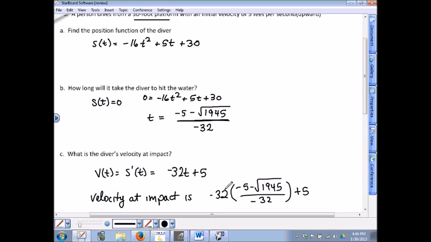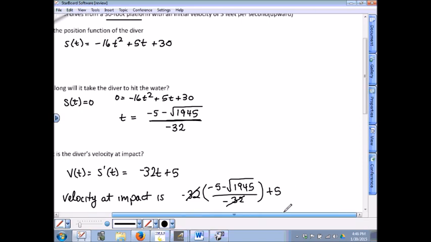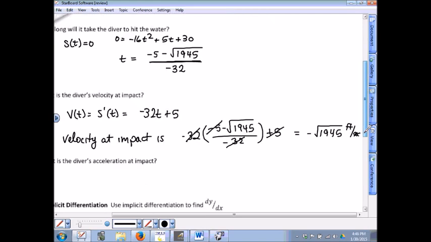So the negative 32 cancels here, and then the negative and the positive 5 will cancel. So it would be negative square root of 1,945 feet per second. And again, it makes sense that the velocity is negative because the diver is traveling towards the water.